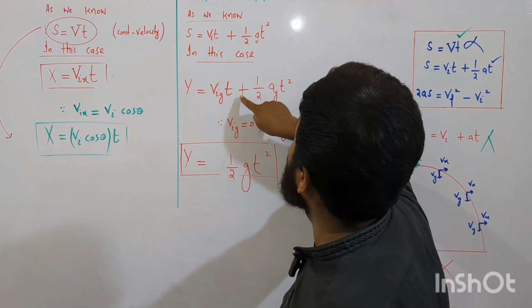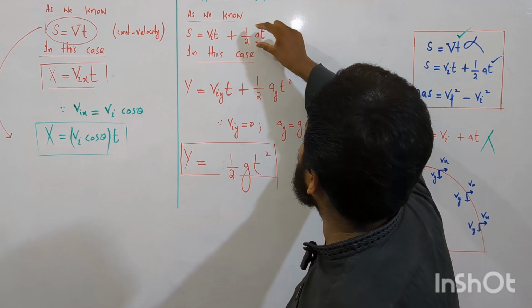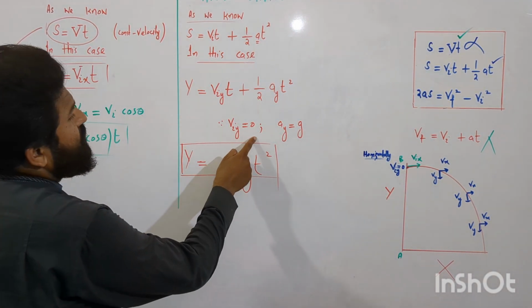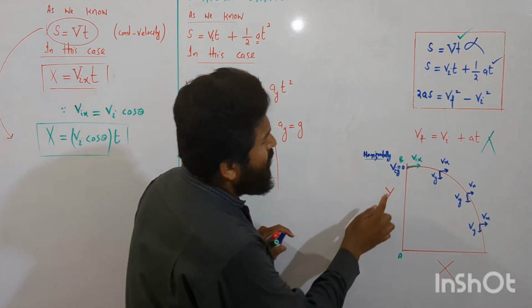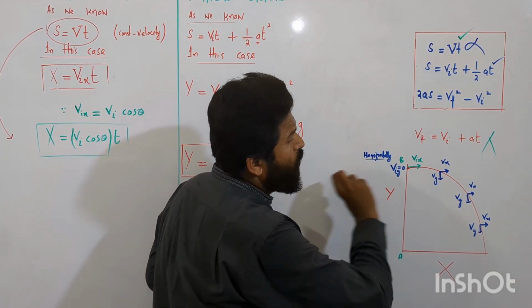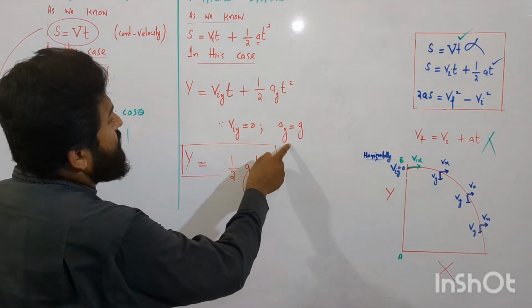Instead of a we take the y component of acceleration. Viy is equal to 0. I have explained it very well: how is Viy equal to 0? Because the body is projected horizontally, so Viy is equal to 0. ay is equal to g.